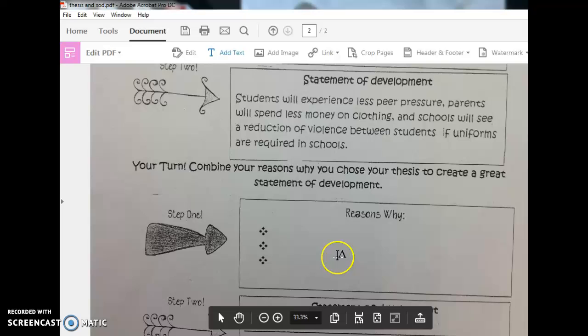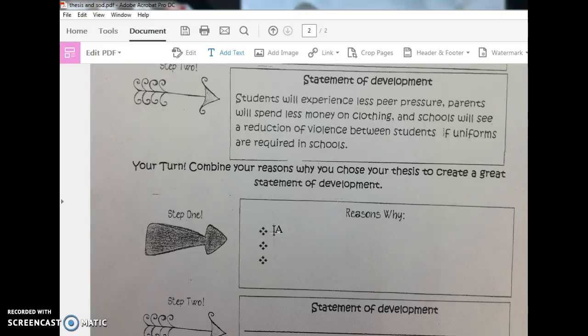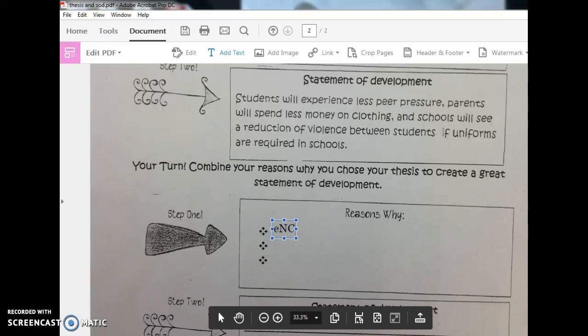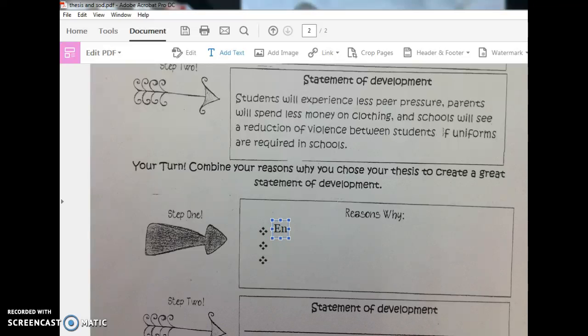So now we are going to look at our reasons why. Now our reasons why are all going to be pretty much the same. And all of those are the encounter, Christmas past, Christmas present, and Christmas future.